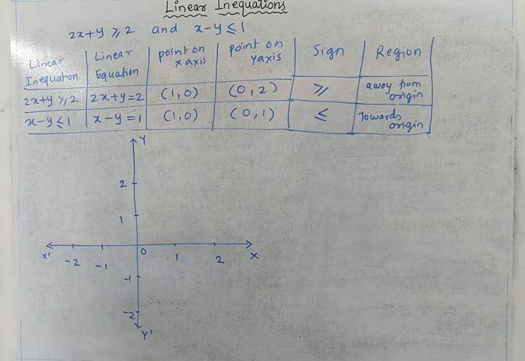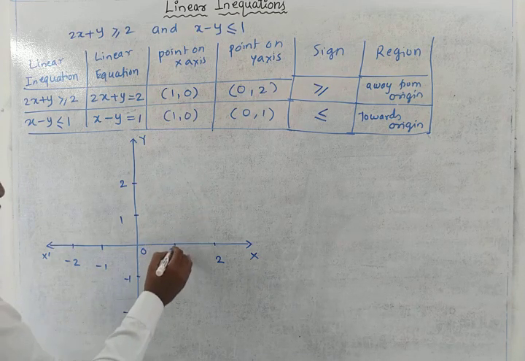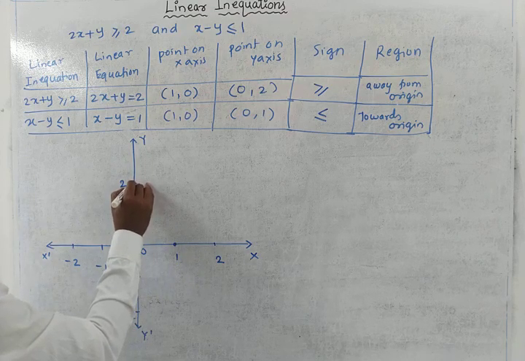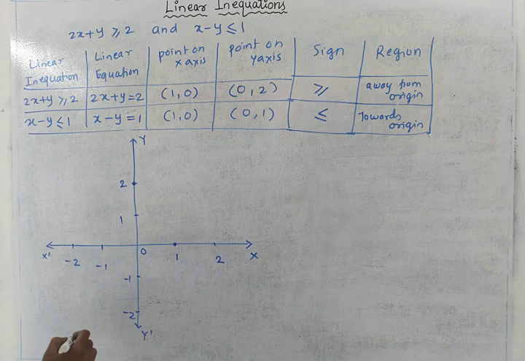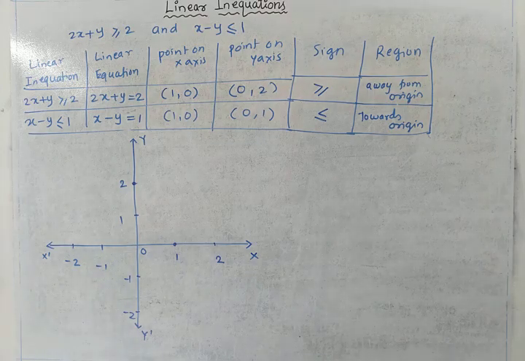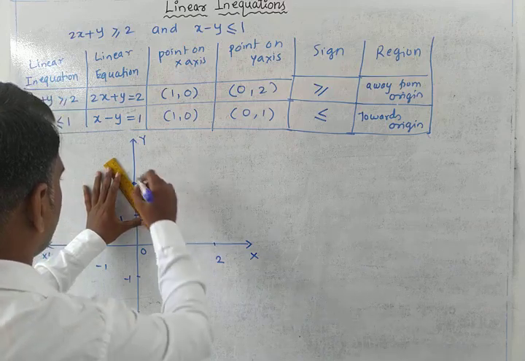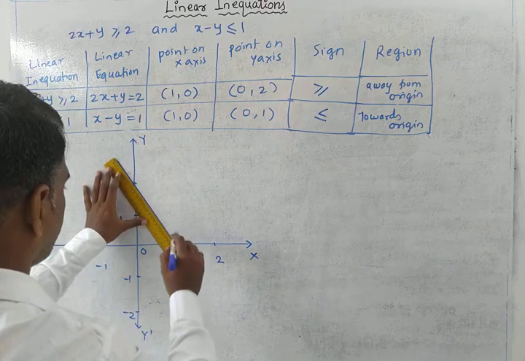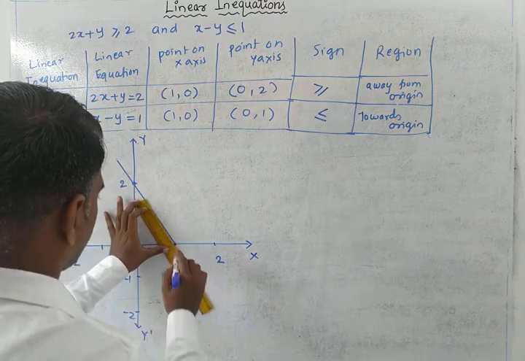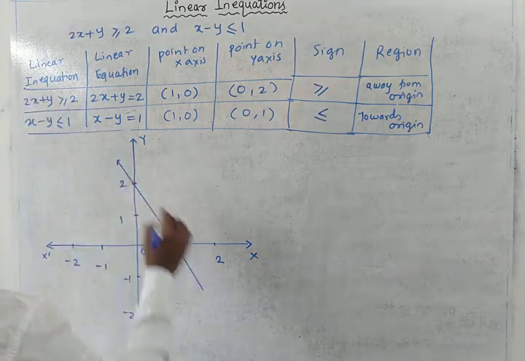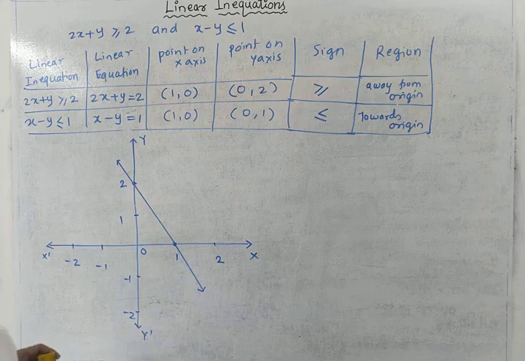The scale of this graph depends on us with respect to the point. So now first point is 1, 0. The second point is 0, 2 for first line. So we will draw the line. Okay.